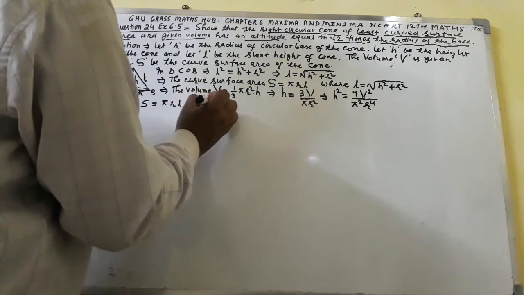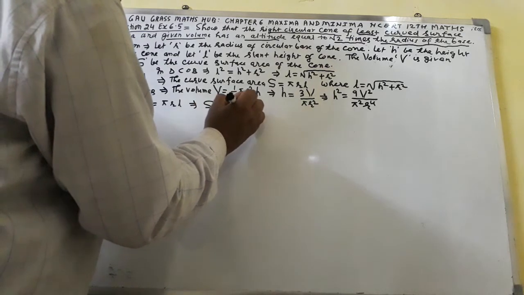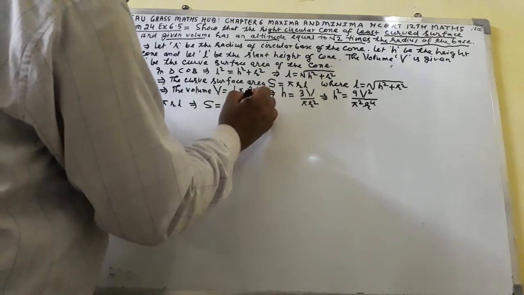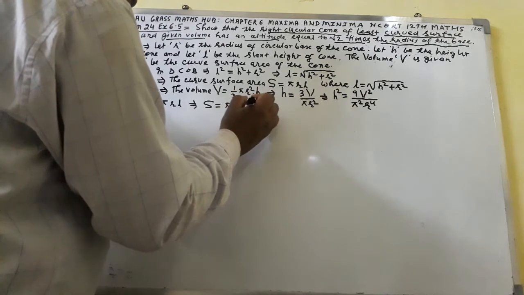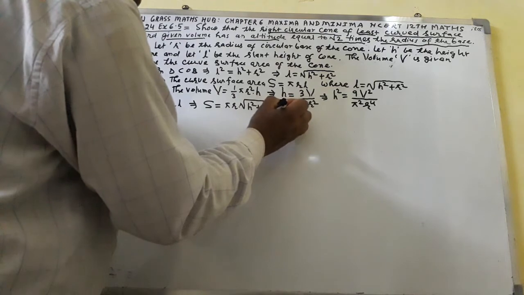Capital S equals pi r times under root h square plus r square.